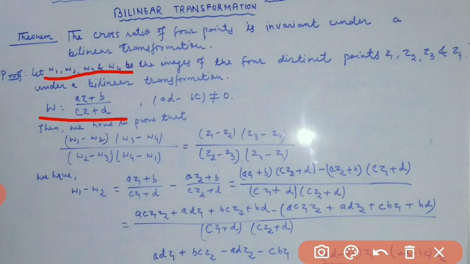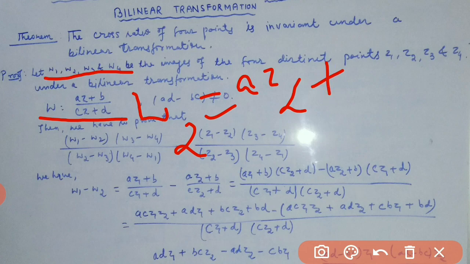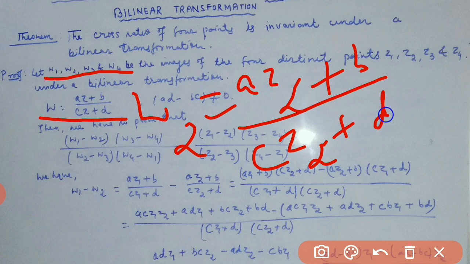We just write W1 equal to AZ1 plus B divided by CZ1 plus D. If we are talking about W2, then we will write like this: W2 is AZ2 plus B divided by CZ2 plus D. And in a similar manner we can write for the 3.